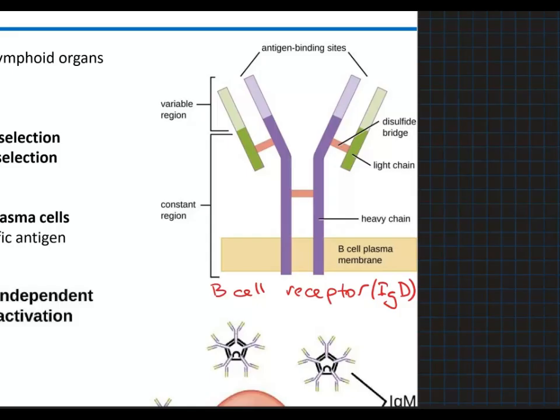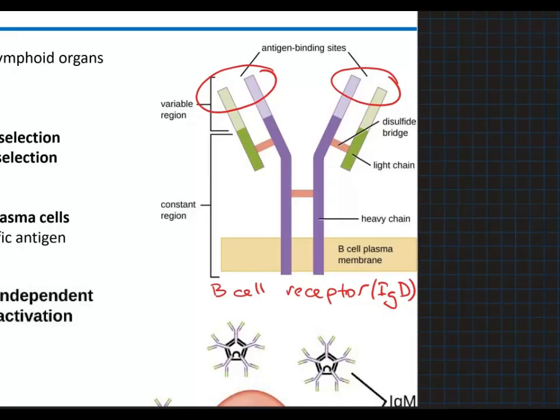B cells are among the most numerous in your body. I mean, I discount red blood cells because you cannot topple them in terms of the numbers. But there are a lot of B cells, and there are a lot of different populations of B cells that carry receptors with different antigen binding sites.